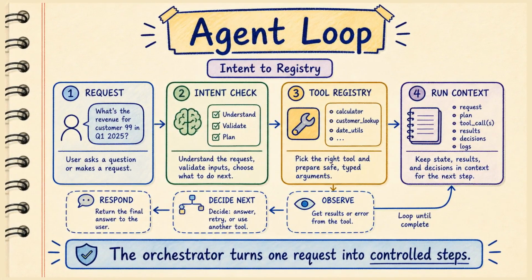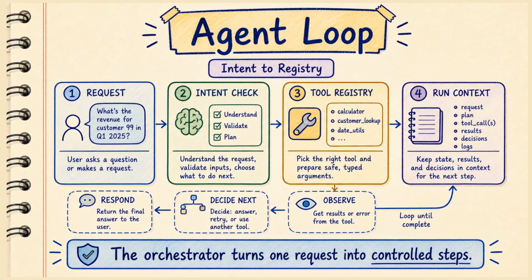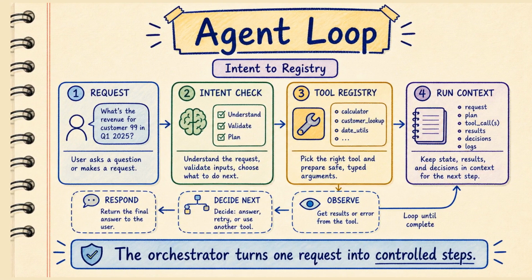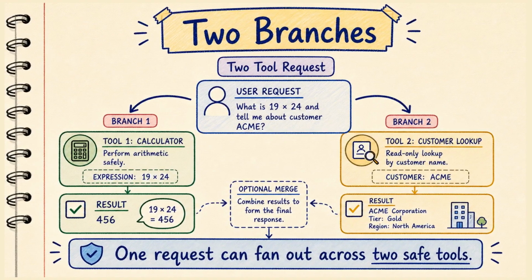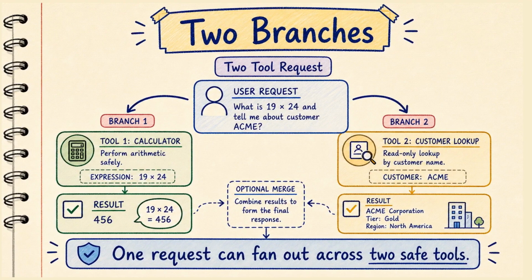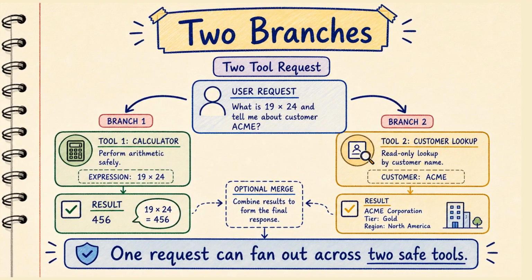Now wire the loop. The agent receives a request, classifies the intent, chooses a tool when needed, executes the tool through the registry, and stores intermediate observations in a run context. For example, if the user asks, "What is 19 times 24 and what plan is customer ACME on?" the agent should use the calculator for the arithmetic part and the lookup tool for the customer part.